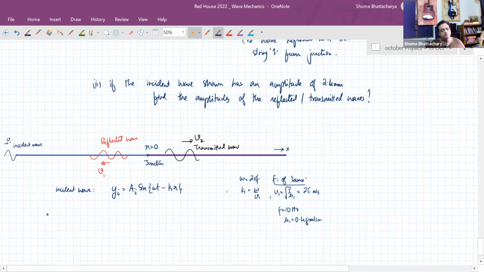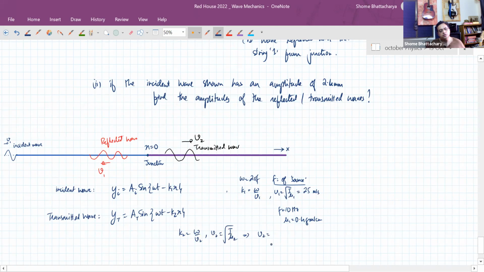Our transmitted wave will have an equation, let's say y t, that is some transmitted amplitude times sine of omega t minus k2 x. Here k2 is equal to omega by v2, where v2 is equal to square root of T by mu2.